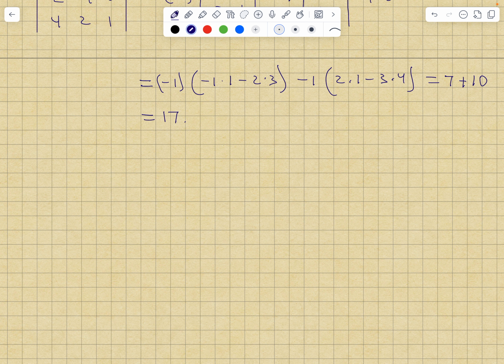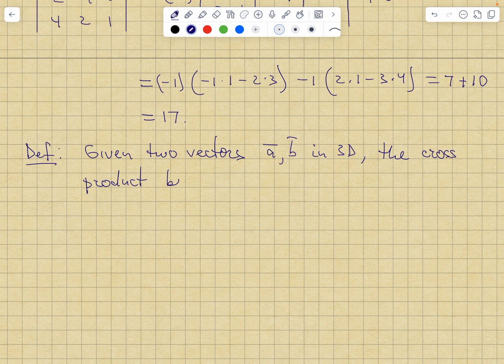Okay, so let's now give a definition of a cross product. Given two vectors A and B in 3D, the cross product between A and B is defined in the following way.